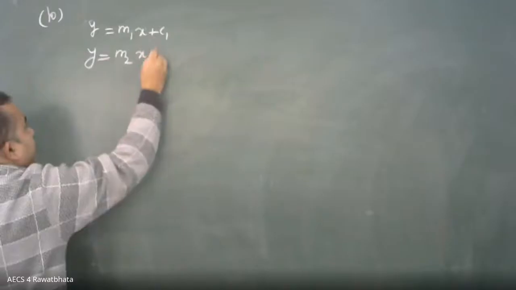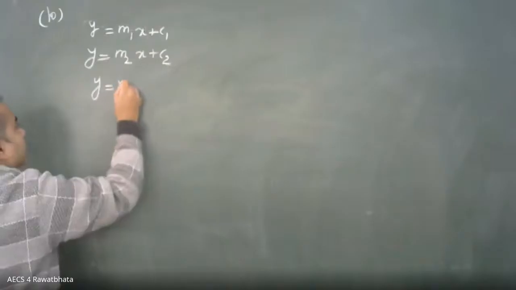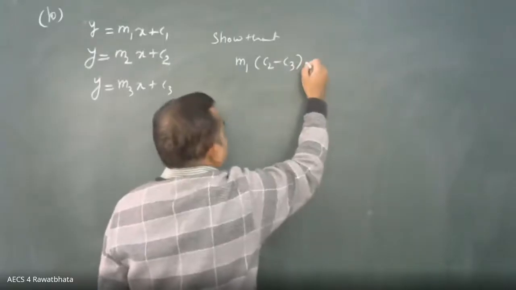Yes. If the three lines whose equations are y is equal to m1x plus c1, y is equal to m2x plus c2, and y is equal to m3x plus c3 are concurrent, then show that m1 (c2 minus c3) plus m2 (c3 minus c1) plus m3 (c1 minus c2) is equal to 0.